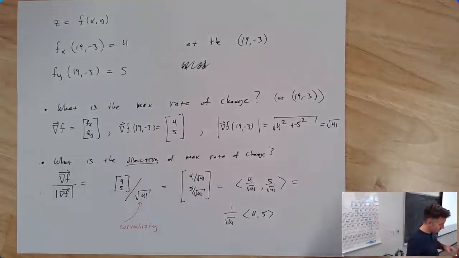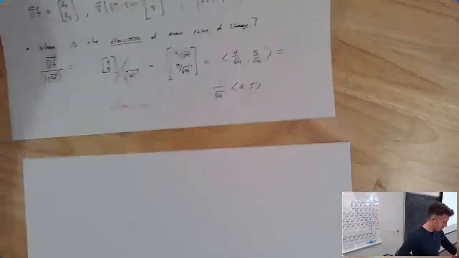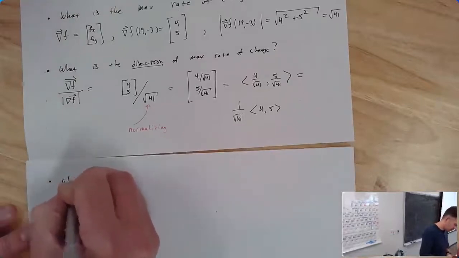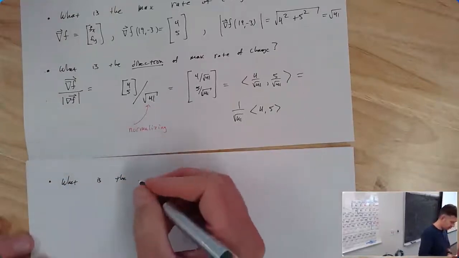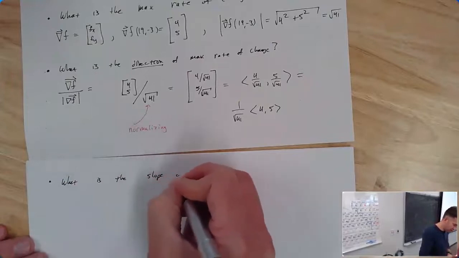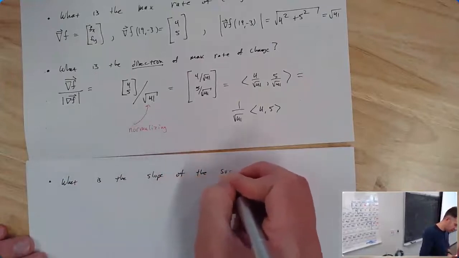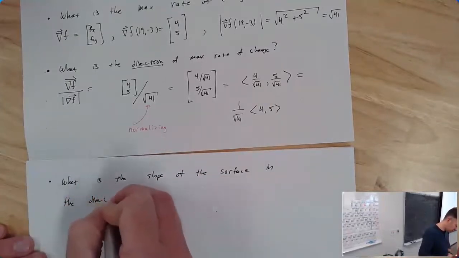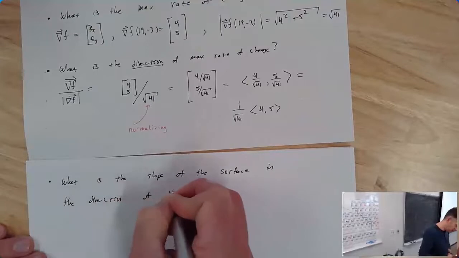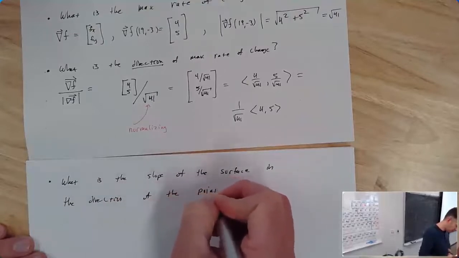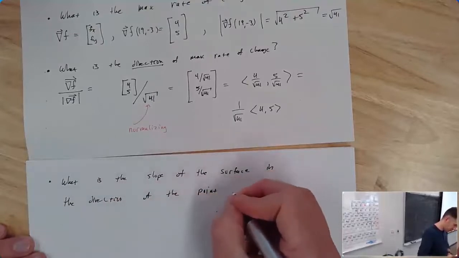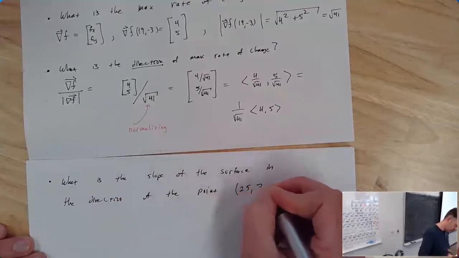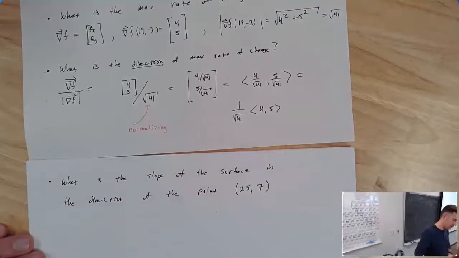And then thirdly, we could ask the question, what is the slope of the surface in the direction of the point 25 comma 5? Apologies.